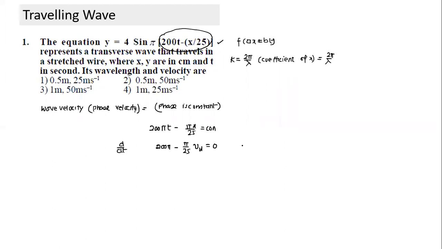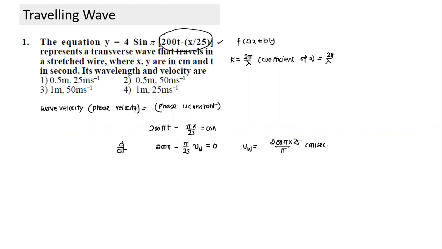So what is the wave velocity equal to? Since everything is in centimeters per second, we divide by 100 to get meters per second. This is the easy part here.